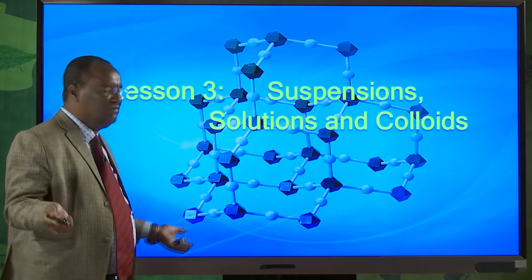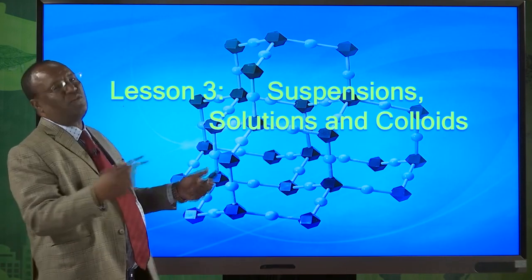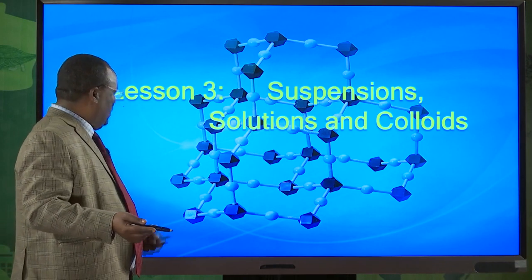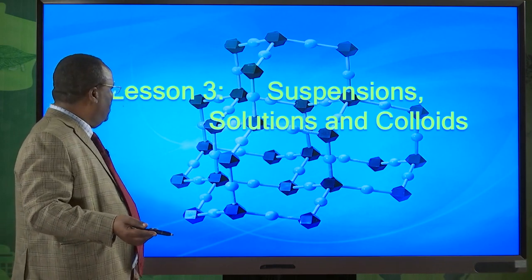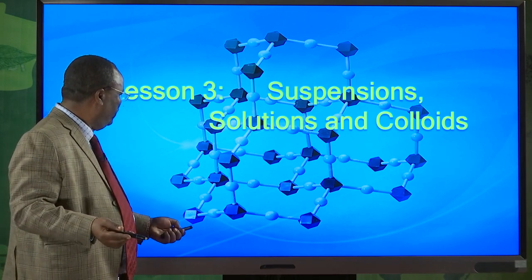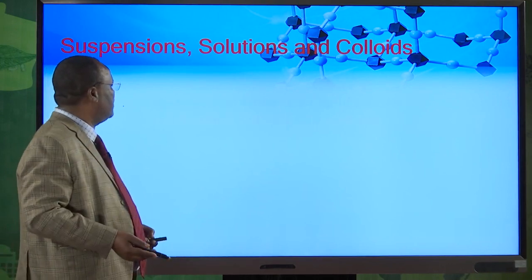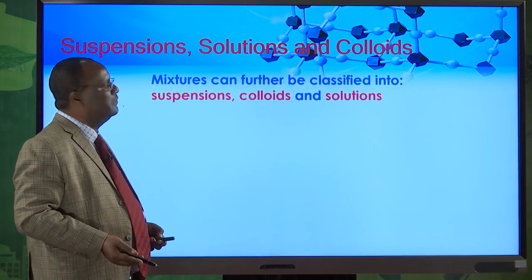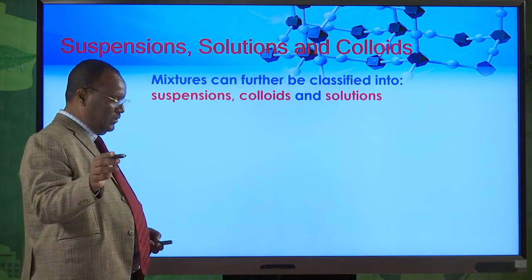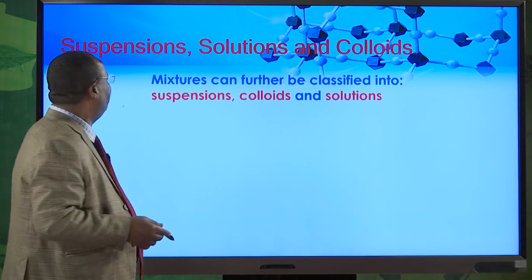All are mixtures. What type of mixtures are they? What makes them different from one another? Let us see. These three kinds of mixtures: suspensions, solutions, and colloids. You know that mixtures are of two types: homogeneous and heterogeneous mixtures.